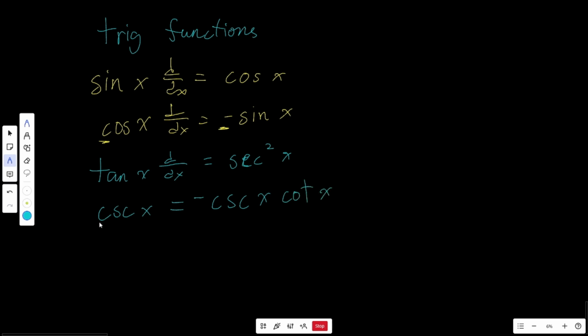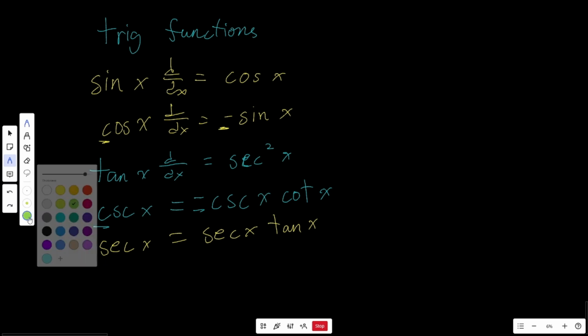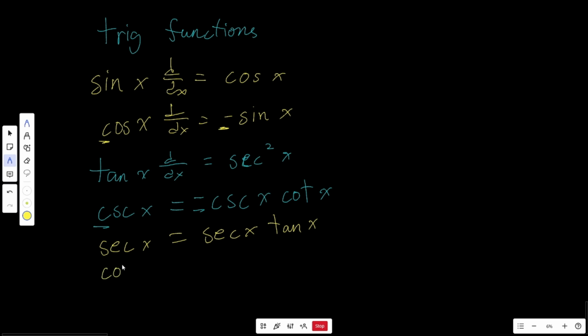If you notice again, the c brought a negative. And the next one is secant x is equal to secant x tangent x. And lastly, cotangent x is equal to negative cosecant squared x.